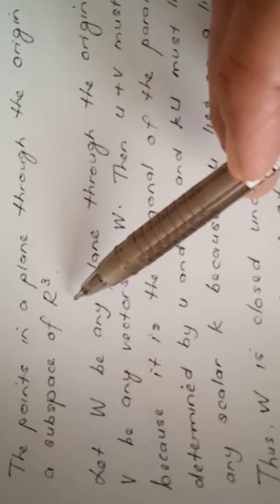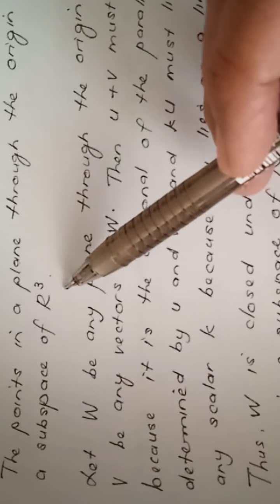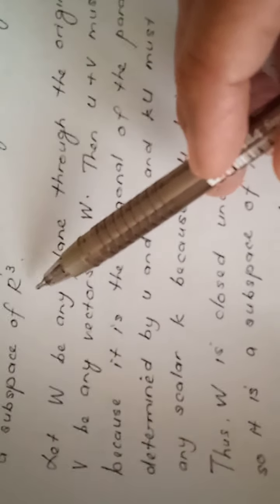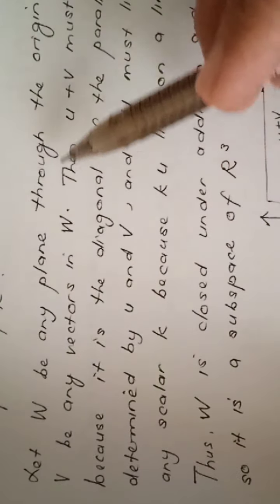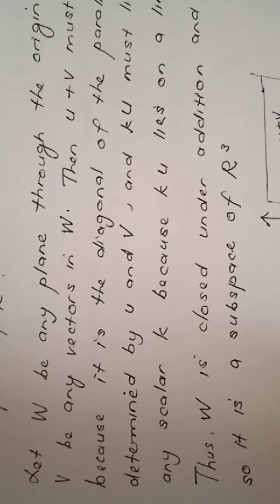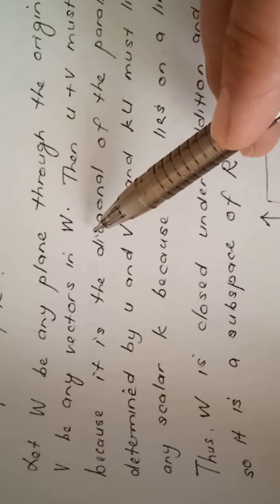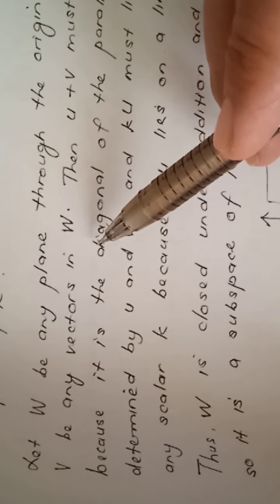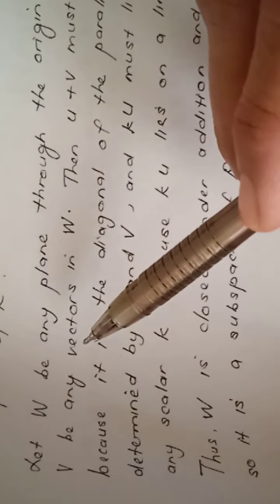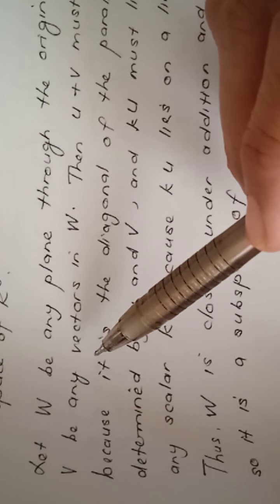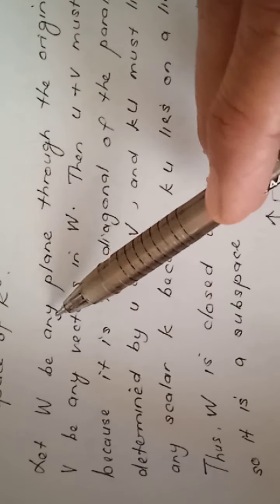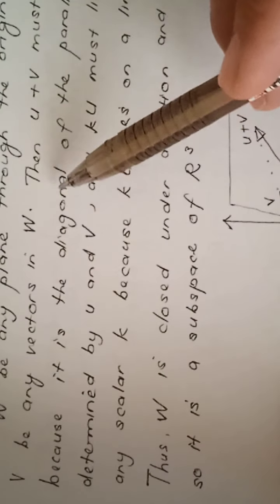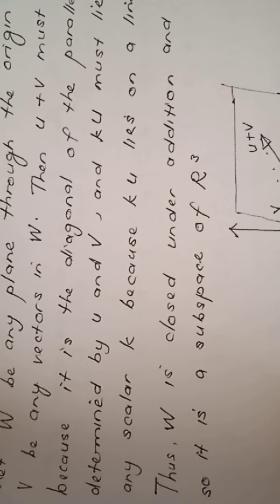R3 meaning the space in 3 dimensions. Let W be any plane through the origin and let u and v be any vectors in W. This is how we show that W is a subspace of R3. Then u plus v must lie also in W.